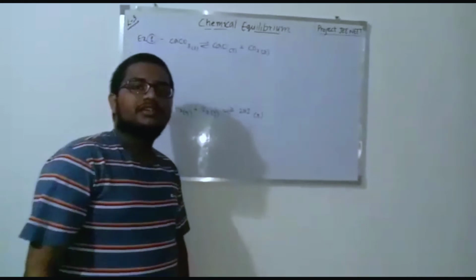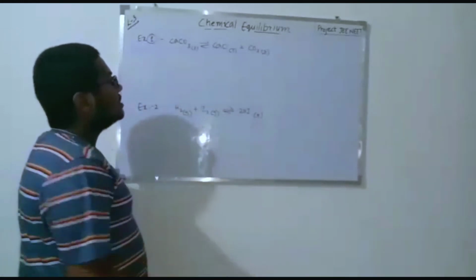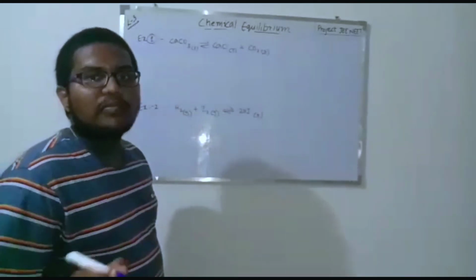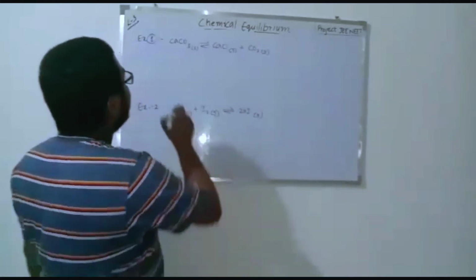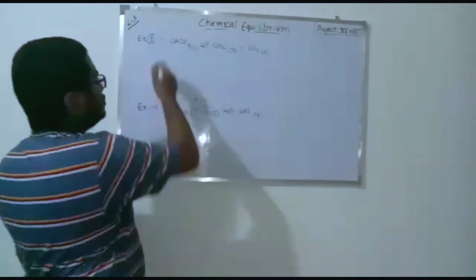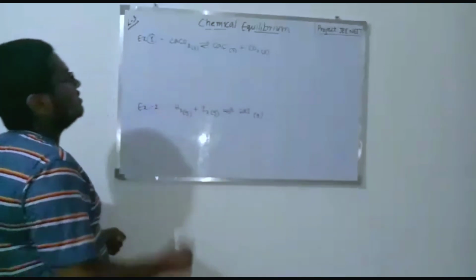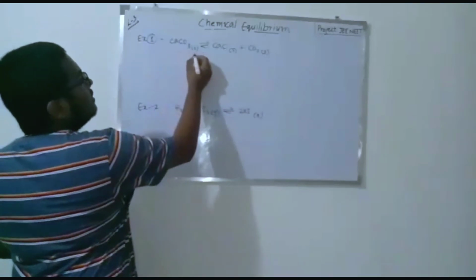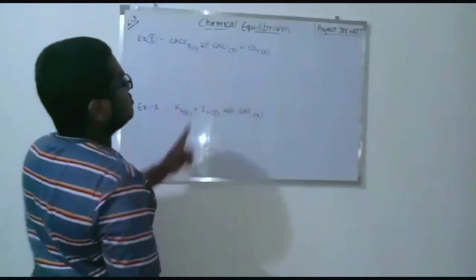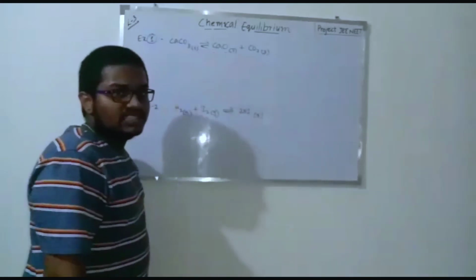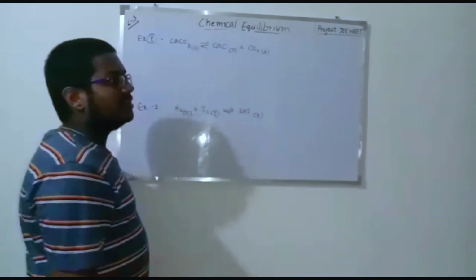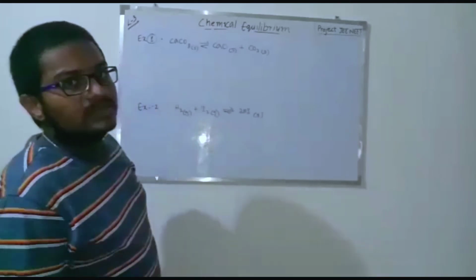In the previous discussion, we completed the concept of the equilibrium constant in terms of partial pressures. Now let's understand that concept with these two examples. The first example is CaCO3 in solid state, reversible arrow, CaO in solid state and CO2 in gaseous phase. Find the equilibrium constant in terms of partial pressures.